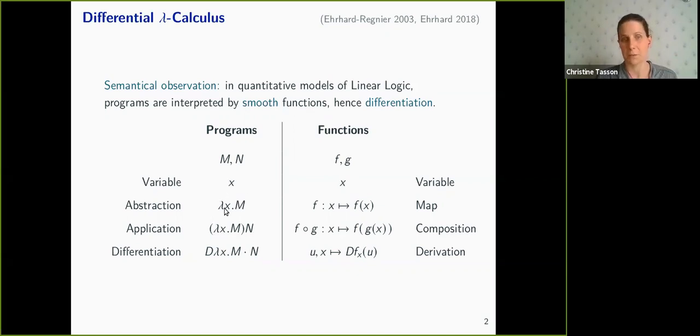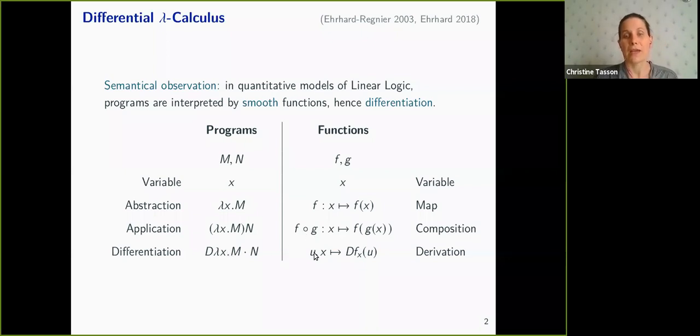You have the variables, the abstraction, and the standard application, which corresponds to composition in calculus. And there is a differential application also, which is a kind of linear approximation of the application of lambda calculus.